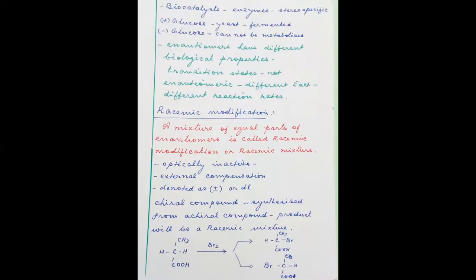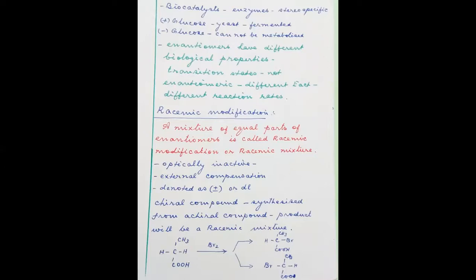And the other 50 molecules, the L enantiomers, will try to turn the plane towards the left to the same extent, because they are equal in number and are enantiomers of the same molecule.